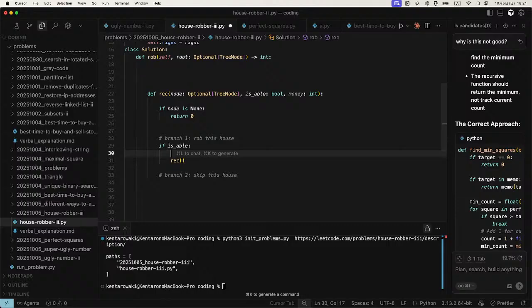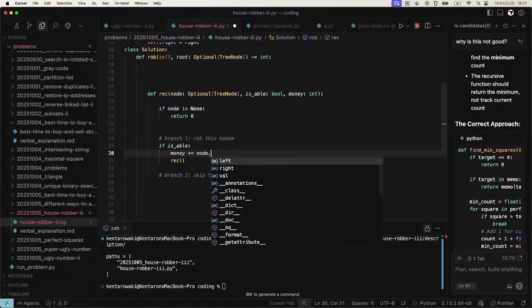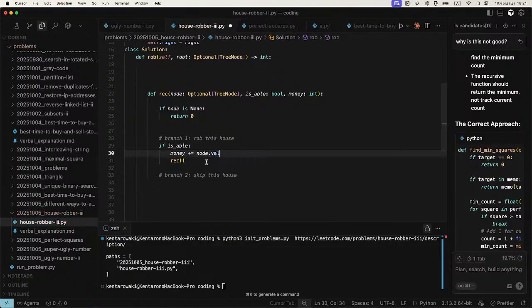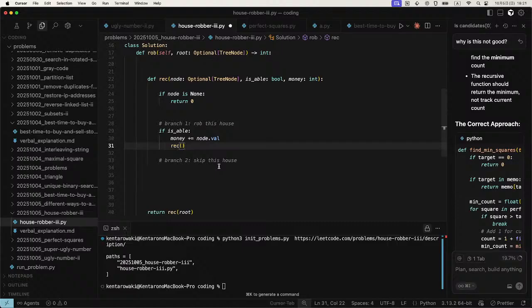Is able, so we rob the money from this house. Money plus node value, right?